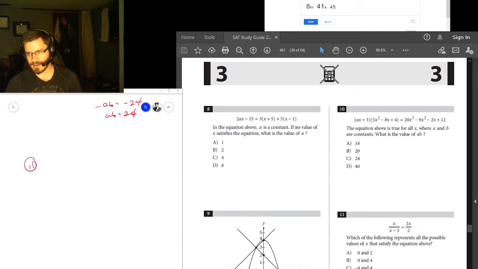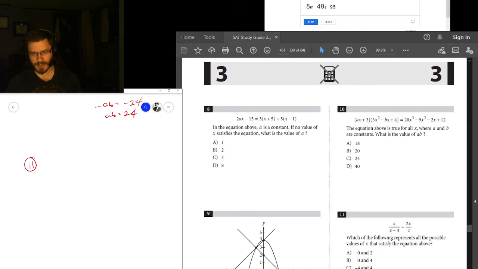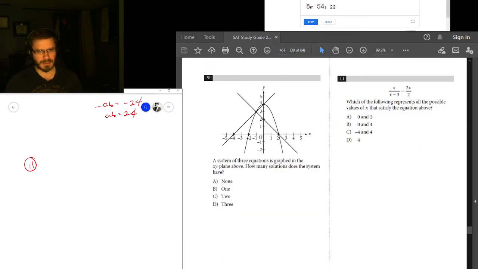Number 11. They want the values of x. If I ever see answer choices like this, there's really only 3 or 4 numbers to try, so you could just throw them in. Let me scroll down a little. There you go. What I would do is cross multiply: 2x equals 2x squared minus 6x.